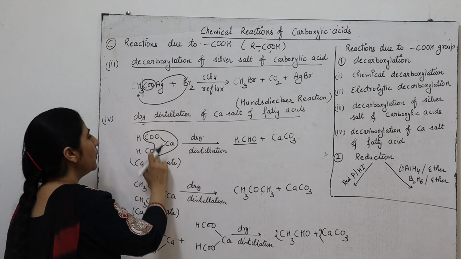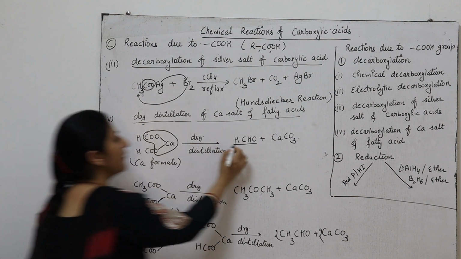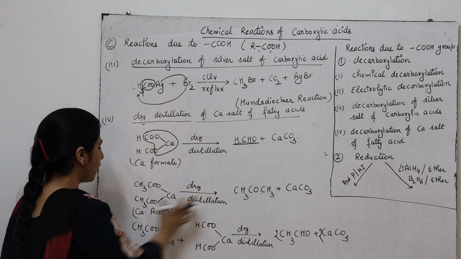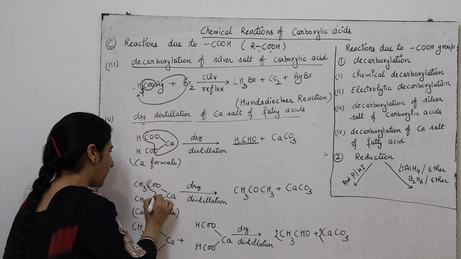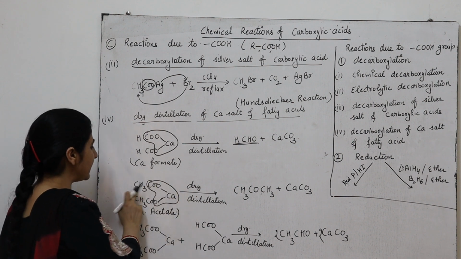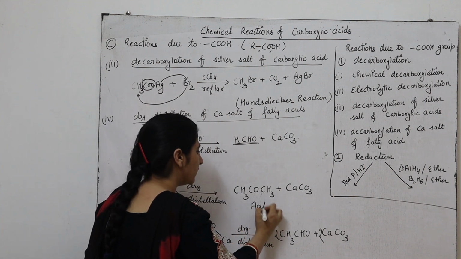This is CaCO3, and the remaining group is HCHO, formaldehyde. On the dry distillation of calcium acetate, again there is a release of calcium carbonate, CaCO3. The remaining group is CH3COCH3, which is known as acetone.